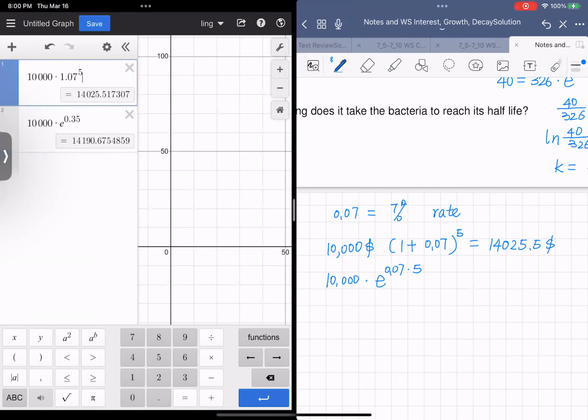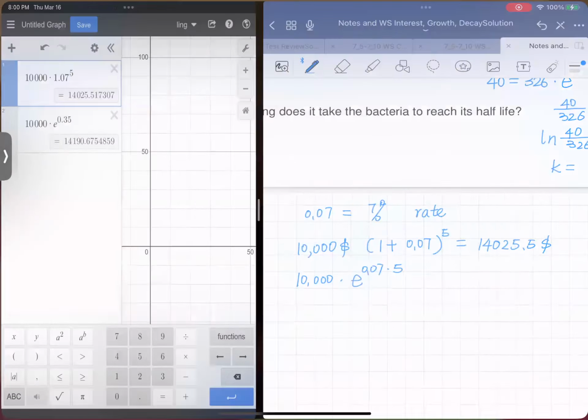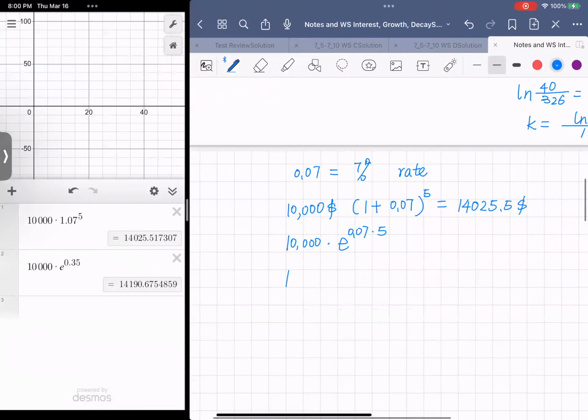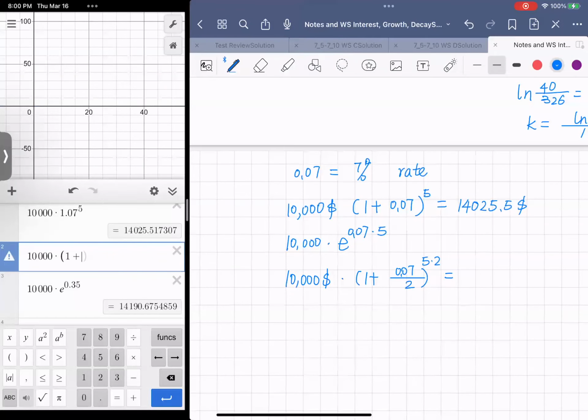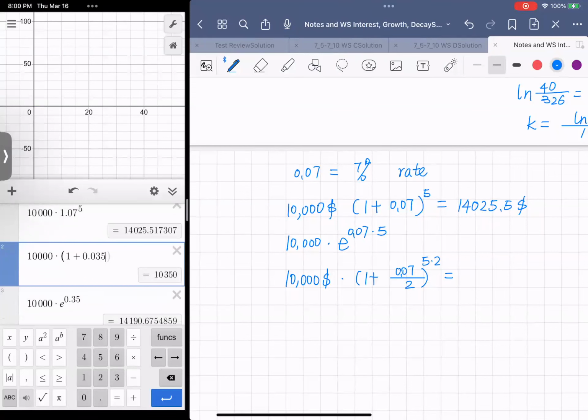If you do compound yearly, you have this. If you do compound semi-annually, you do 1 plus 0.07 over 2, and then 5 times 2. So we can do 10,000 times 1 plus 0.035.